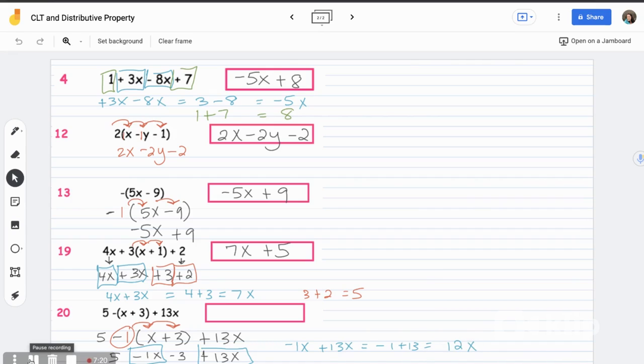And then I can also combine the positive 5 and the negative 3. So I'm just going to write that as 5 minus 3. 5 minus 3 is going to give us 2. So now I write this as 12x plus 2. All right, keep working through these.